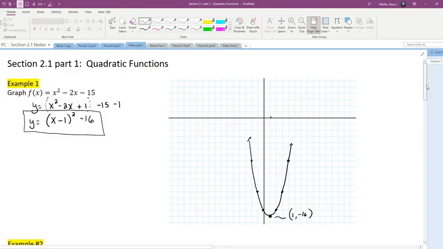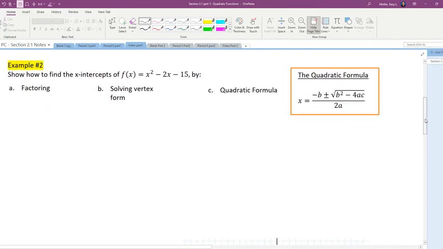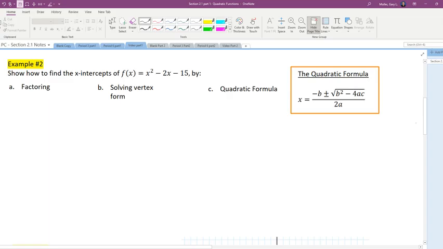Let's move on. Example number 2. Show how to find the x-intercepts of f of x equals x squared minus 2x minus 15. We know the x-intercepts are simply when the y value is 0.